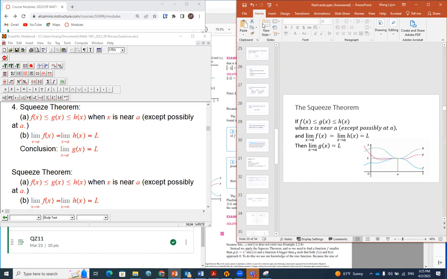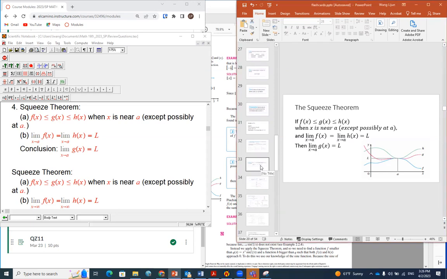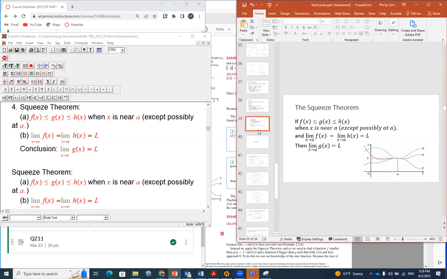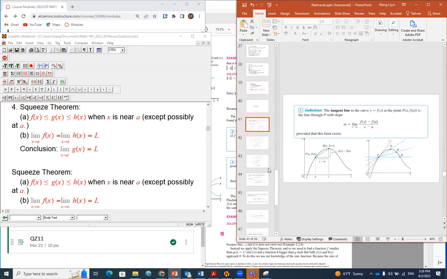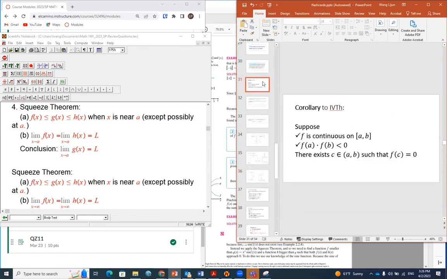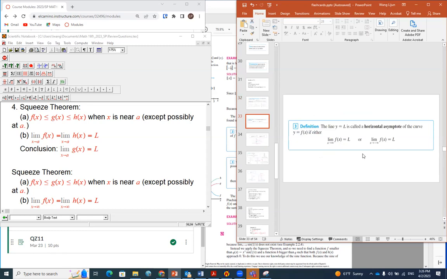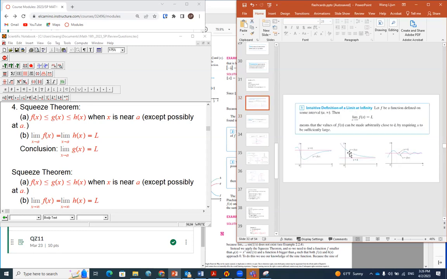Let's see if you can see it. There. Limit at infinity, right? What does it say? The setting is that there's some interval from A to infinity. A is large. How large? Sufficiently large.